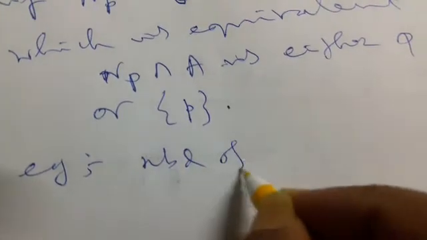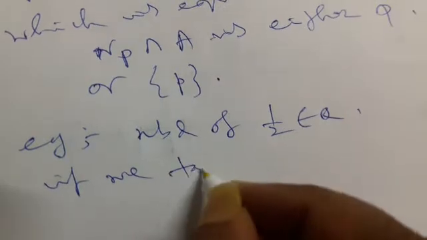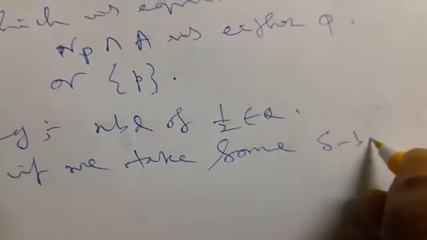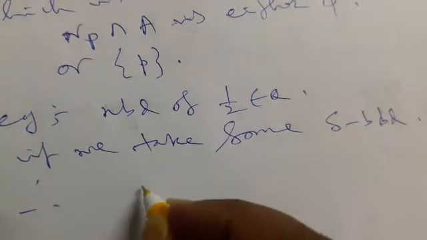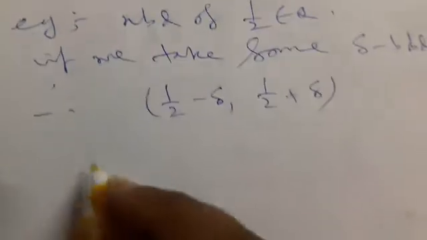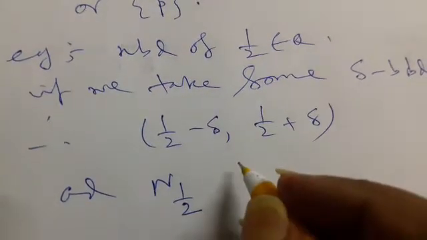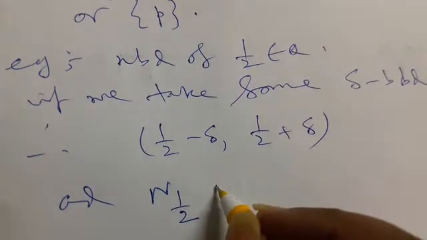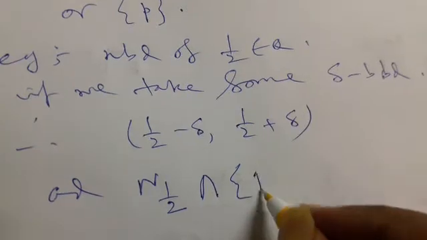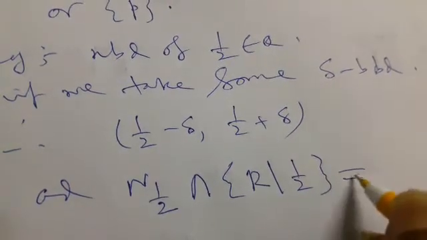And if we consider the point like the rational number system, for example, a neighborhood of half, which belongs to Q. If we take some delta neighborhood, that is half minus delta and half plus delta, and this neighborhood of half makes the points of R, the set of real numbers, and that cuts this point half and must not equal half.